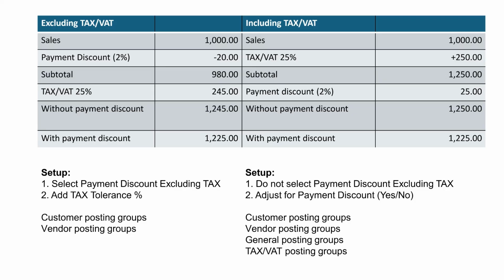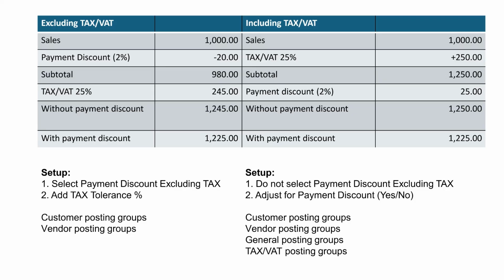It is very important to understand how both of these work, but it will also depend on the region that your business operates in, whether you have tax included in the final prices and how the tax is calculated, whether before or after. Again, this really depends on the region that you operate in.